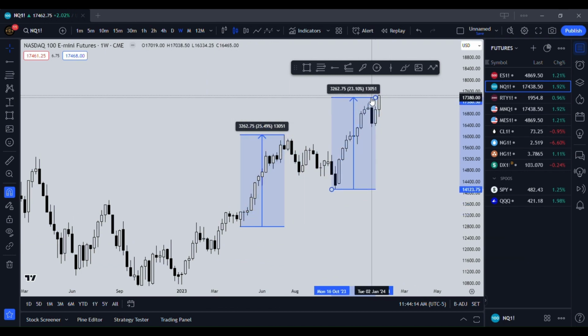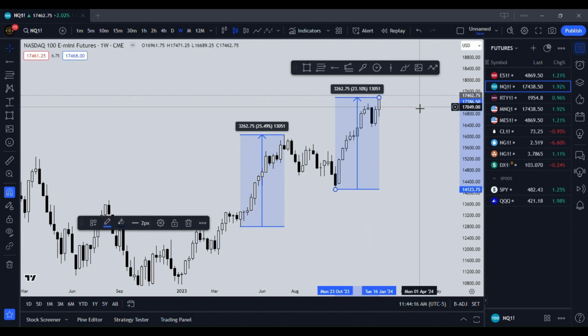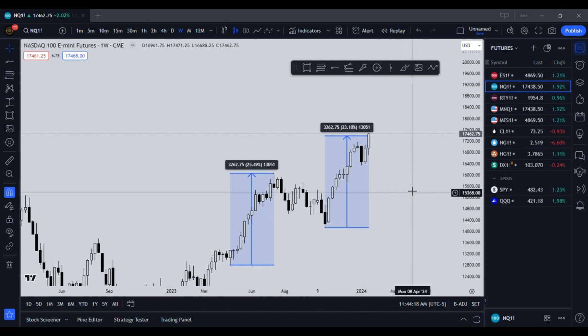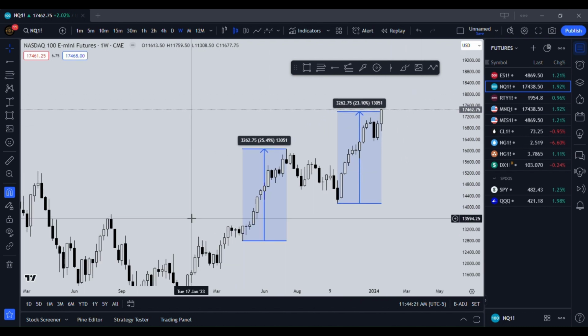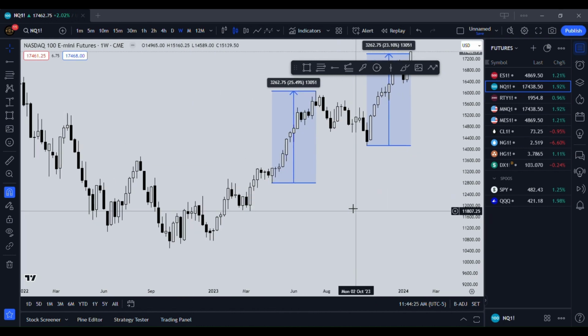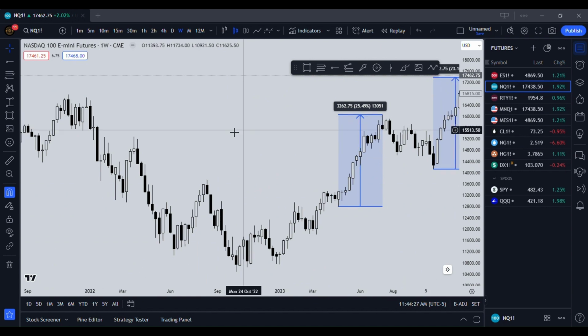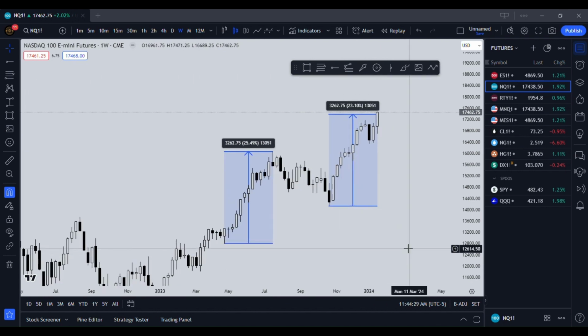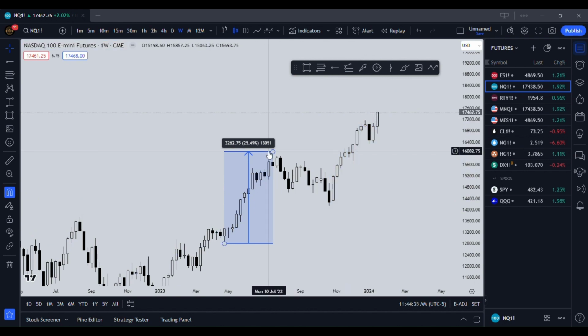Swing low, swing high. I mean, we're right there. We could see something like this. We could see something like this. We could see something like this. There's no way of telling until we get to that point. So when we get to that point, we can make a little bit more of an informed decision.